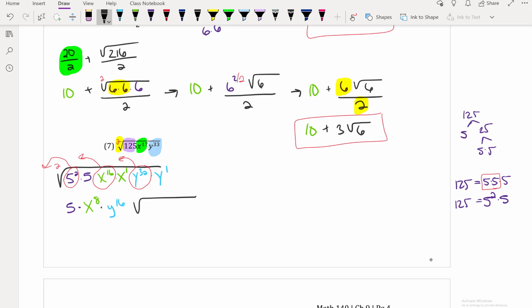And what stayed on the inside, well, I had a 5 that stayed. I had an x that stayed. And I had a y that stayed. So that ends up becoming my final answer. 5x to the 8, y to the 16, square root 5xy.